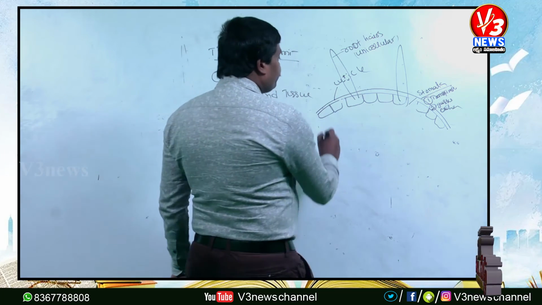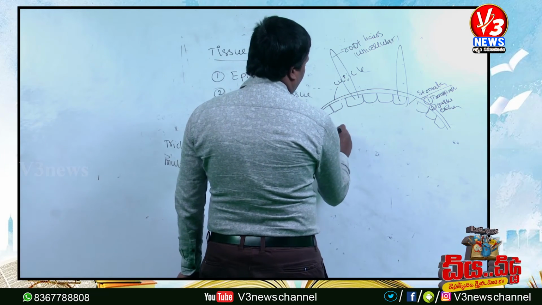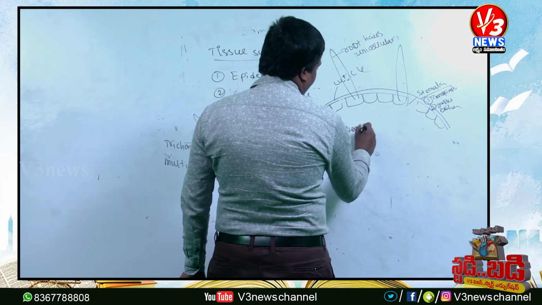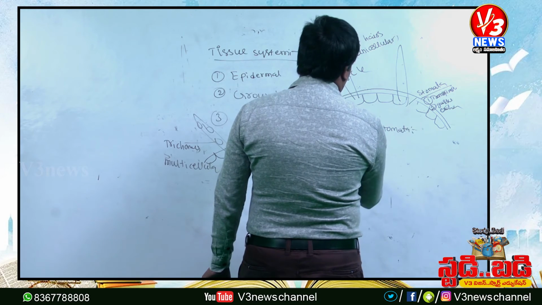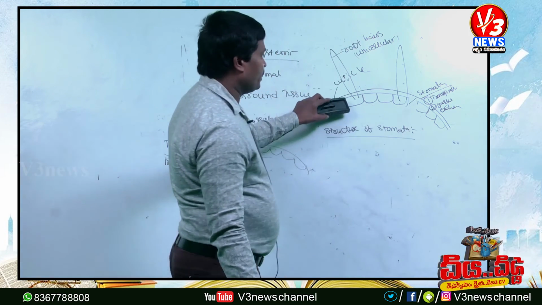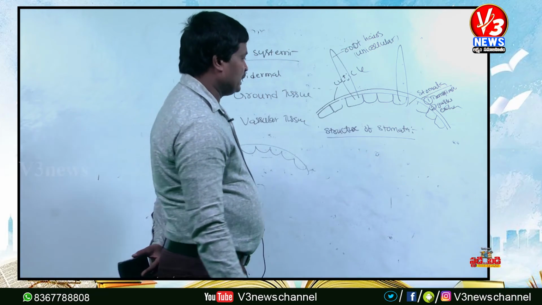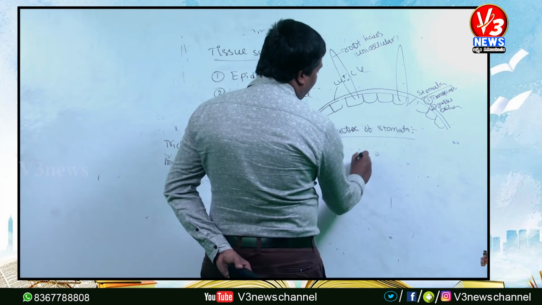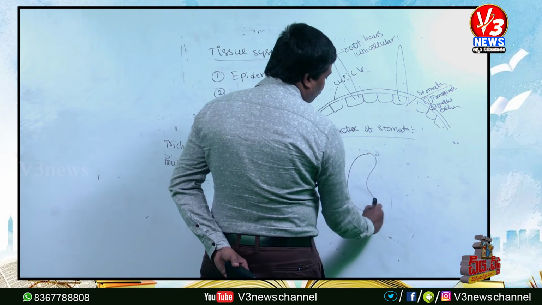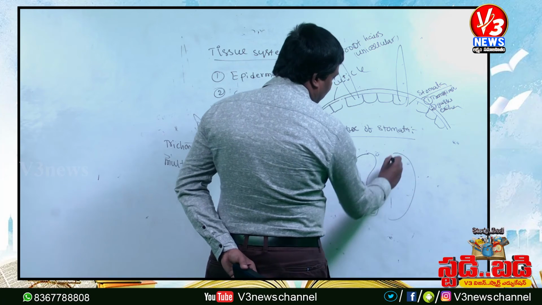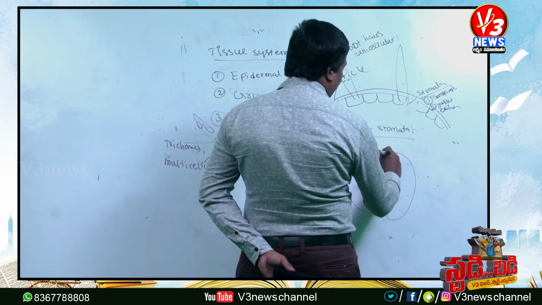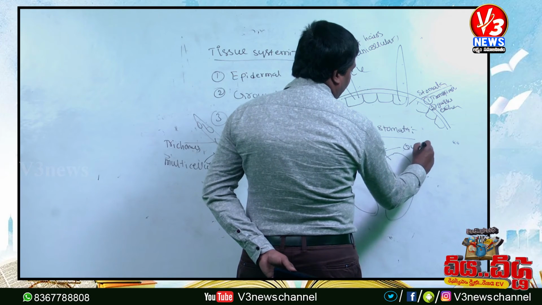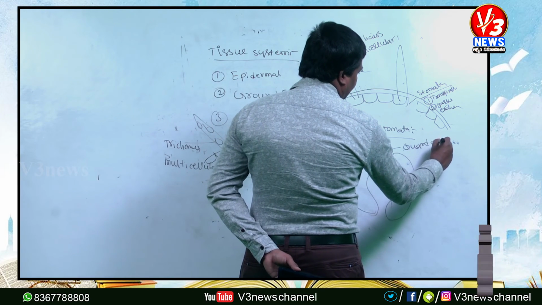Next one, structure of stomata. What is stomata? This minute portion of the epidermis is called a stomata. Each stomata contains two guard cells. These two cells are called guard cells.